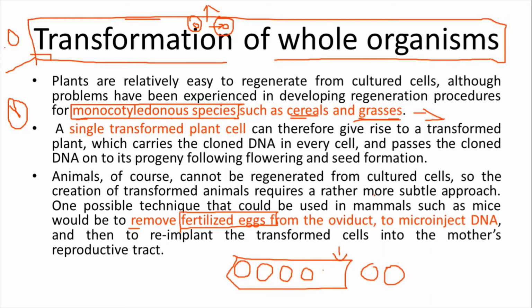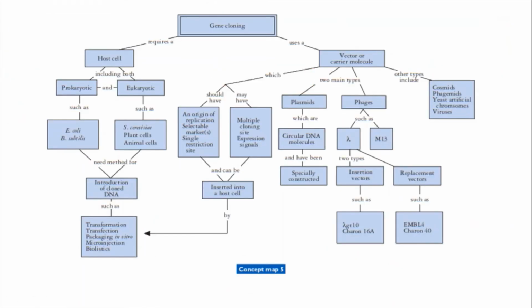Gene cloning requires a host cell. Host cell means either prokaryotic or eukaryotic, such as E. coli and Bacillus subtilis. We are using only E. coli. And if you take eukaryotic, Saccharomyces or plants or animals. We need a method for introduction of cloned DNA, such as transformation, transduction, transfection, or in vitro packaging, microinjection, biolistics.